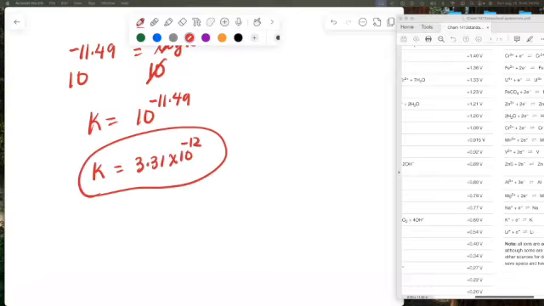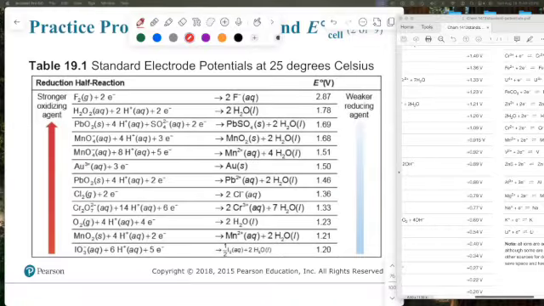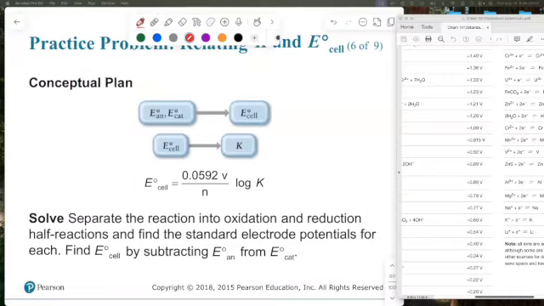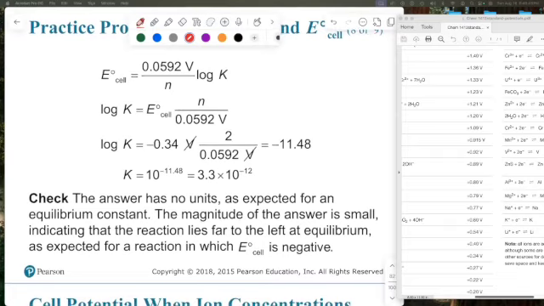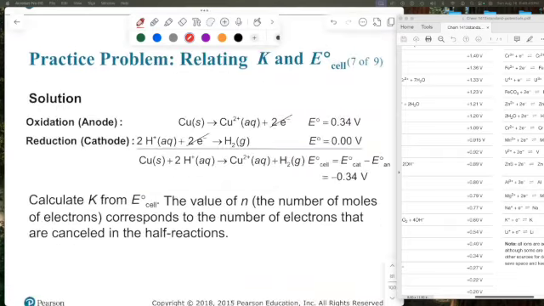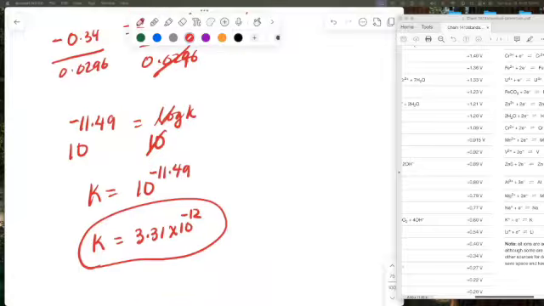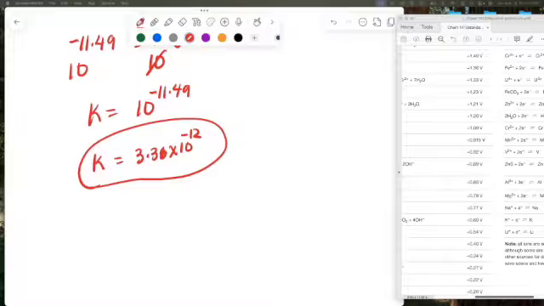Okay. Make sure you work it out and you get this answer. Let's see what they got, because I got 3.31 times 10 to the negative 12. I guess if you round it up, you get 3.3 times 10 to the negative 12, right? You round this to two significant figures. Okay. Yeah.